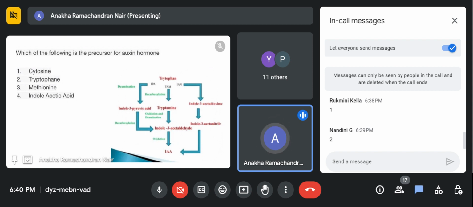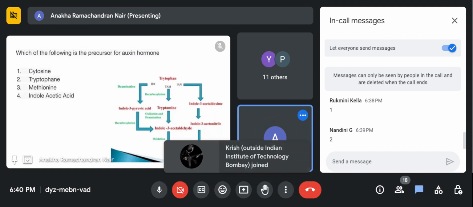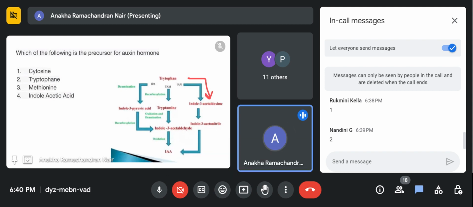Another pathway is the TAM pathway, where tryptophan is converted to tryptamine, which is converted to indole 3 acetaldehyde, which is converted to indole 3 acetic acid, and the IAN pathway, where tryptophan is converted to indole 3 acetaldoxime, which is converted to indole 3 acetonitrile, which is then converted to indole 3 acetic acid. So along these three pathways, the plant can produce auxin hormone because it has the precursor tryptophan. So that's for this question.